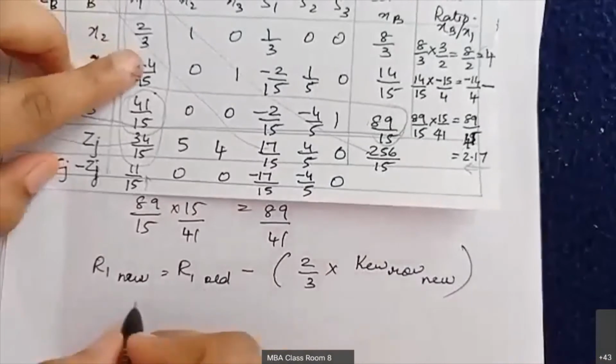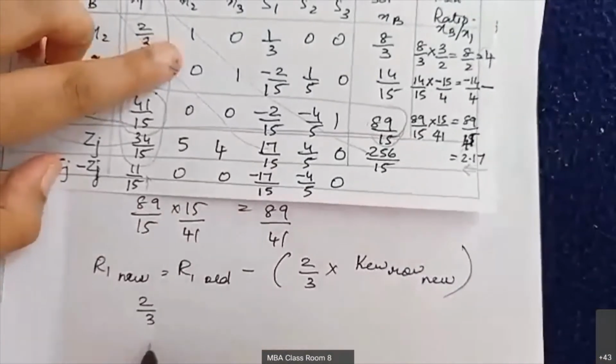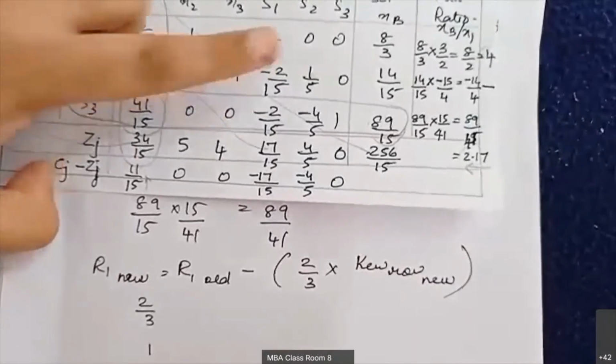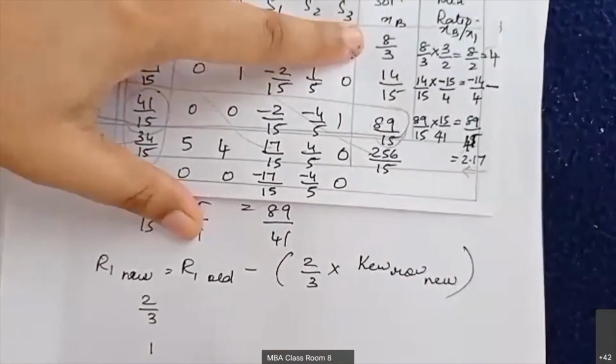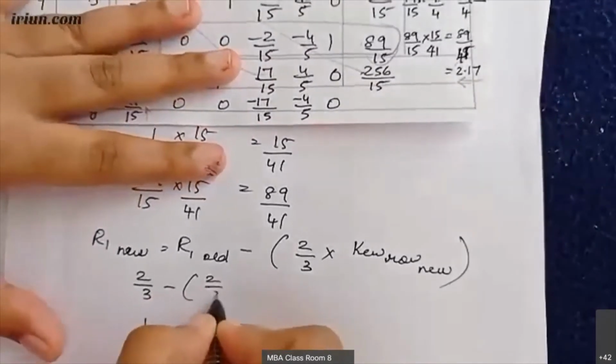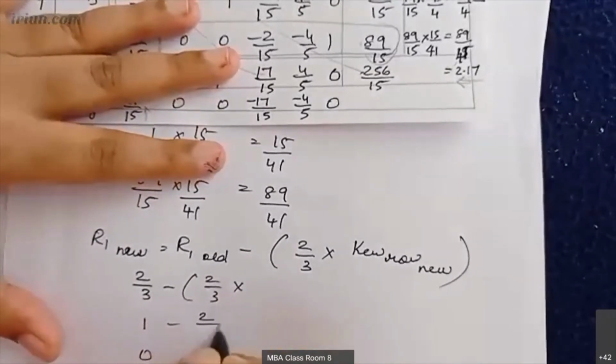Quickly tell me what the values are. 2 by 3, 1, 0, 1 by 3, 0, 0, and 8 by 3. So all these values are there. Minus 2 by 3 into, minus 2 by 3 into.